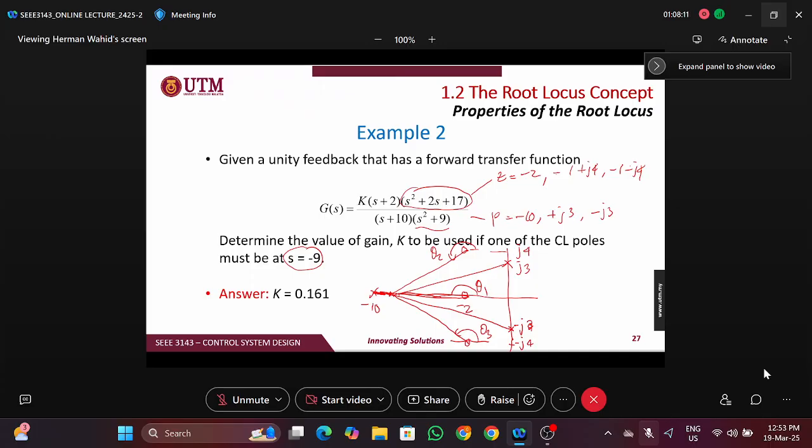Okay, let's say I take this one first. Theta 4 is this one. And theta 5 is this angle from here to here. And we actually have theta 6 for this pole. But theta 6 here is actually 0.